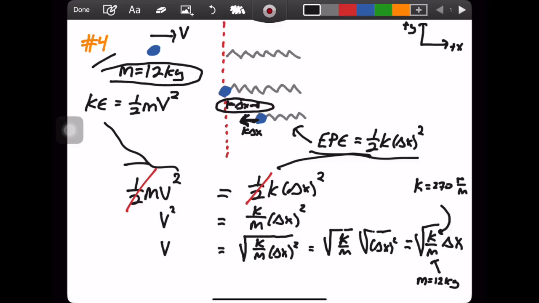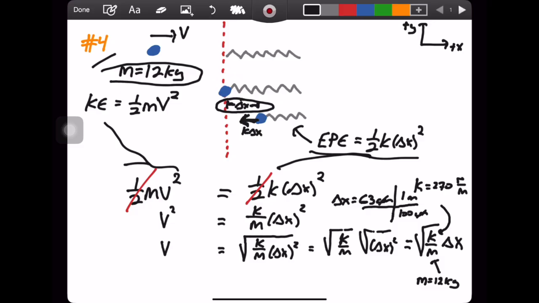We are told that it's 63 centimeters. So delta x equals 63 centimeters, and we can convert that more specifically. 1 meter equals 100 centimeters.